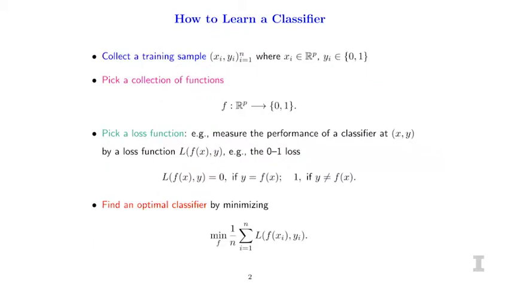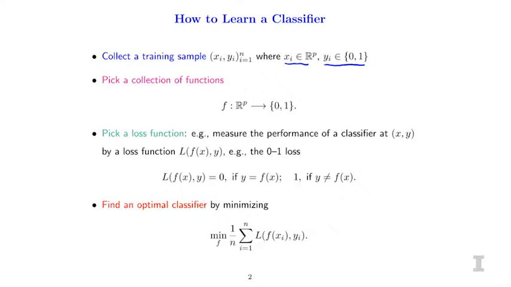How to learn a classifier? We've gone through the following steps many times with regression. These are the typical steps for solving a supervised machine learning problem. We're going to start with collecting some training samples, (xi, yi). Here, xi denotes the p-dimensional features, and yi denotes the binary response.